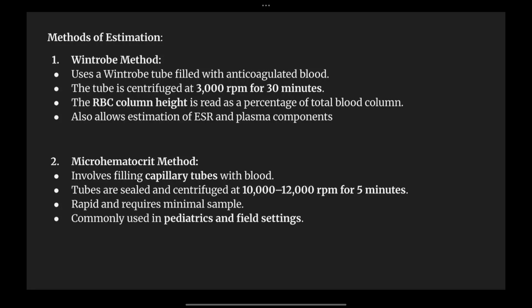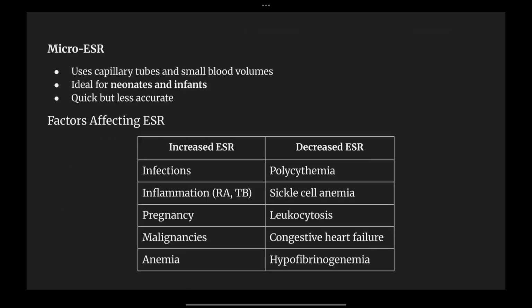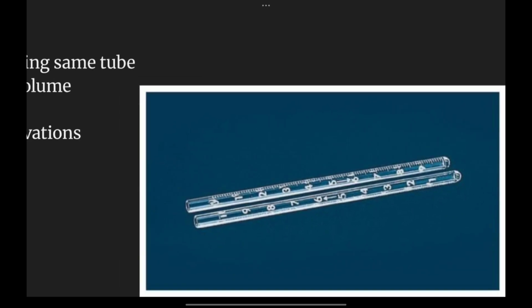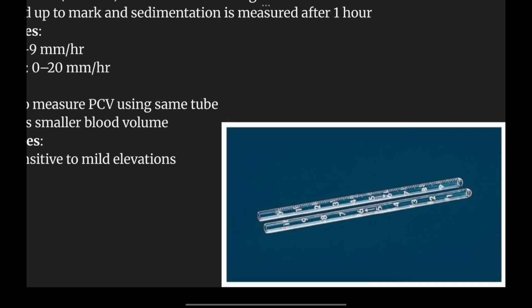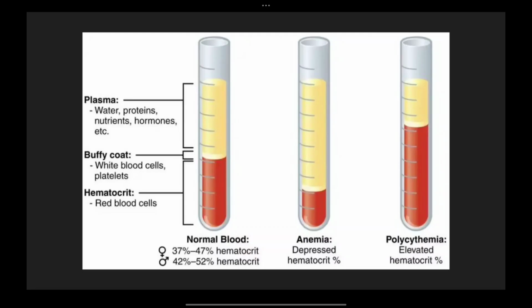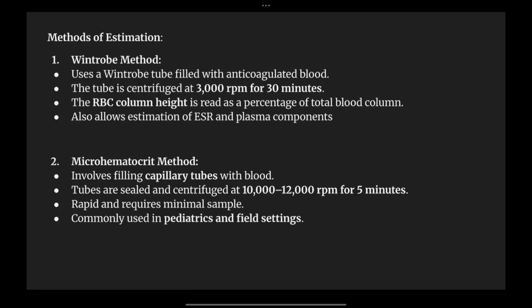It is rapid, a minimal sample is required, and it is commonly used in pediatrics and field settings as well. So that is the difference from the Wintrobe method. You have seen the Wintrobe tubes, right? These tubes are filled with anticoagulated blood, centrifuged or made to settle for 30 minutes, and the PCV is determined.